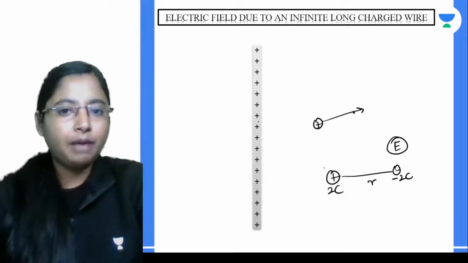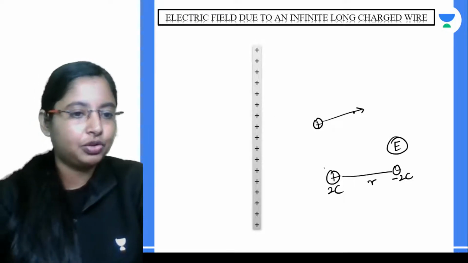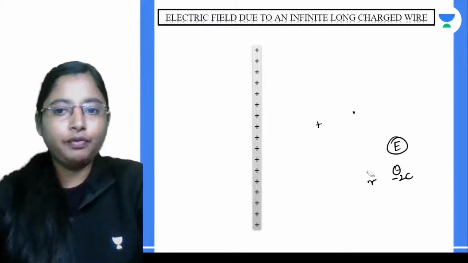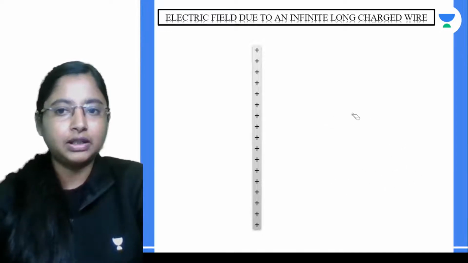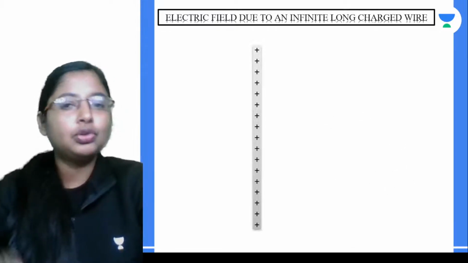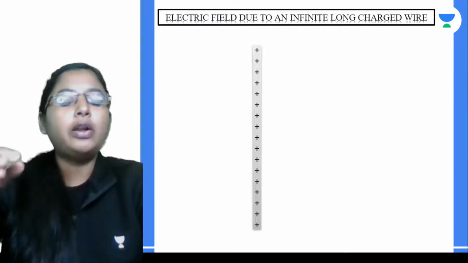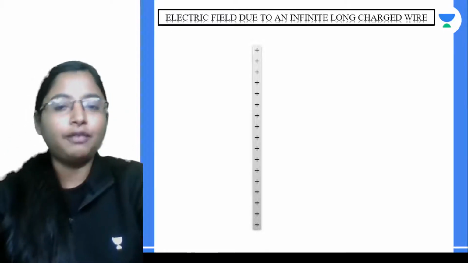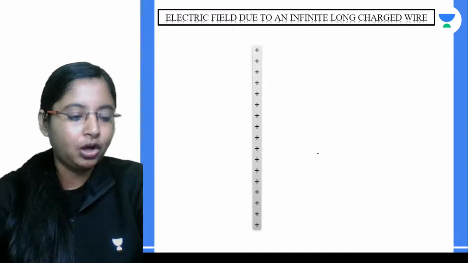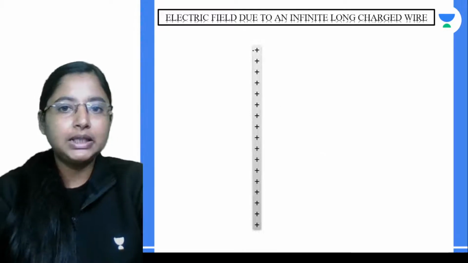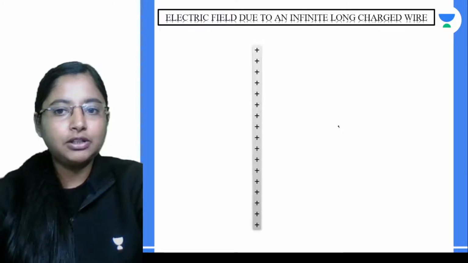But what would happen when you have a continuous charge distribution like this? You can no longer use Coulomb's electrostatic force or the electric field derived for a point charge. Why? Let's say we have n number of charges over here and I introduce a test charge Q0.